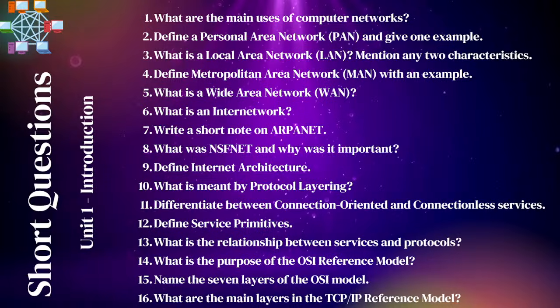Then the purpose of the OSI reference model, then name the 7 layers of the OSI model. What are the main layers in the TCP/IP reference model? These are the different questions that you can expect from unit number 1.